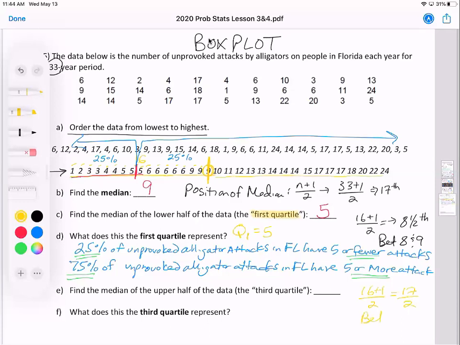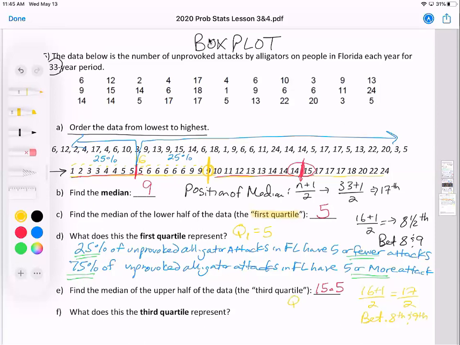So it's going to be, again, between the 8th and the 9th. And so let's count. 1, 2, 3, 4, 5, 6, 7, 8, 9. So right in between, what value is between 14 and 15? That would be 15.5. So that would be our third quartile.